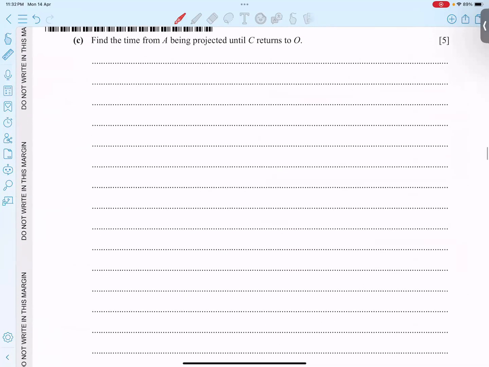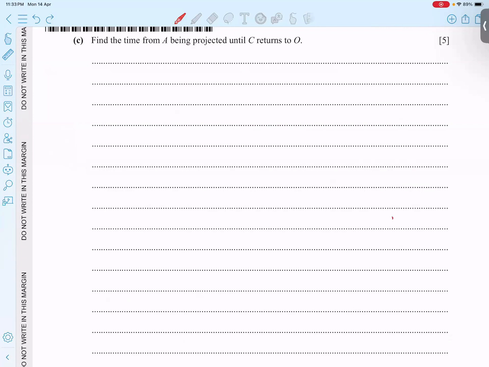In the next part, we find the time from A being projected until C returns to O. Now, C is what? We don't have a C. Actually, C is what we have at coalescence, when A and B become one object. So we find the time from when A is thrown at the beginning until C returns to O. So now I'm doing the situation.